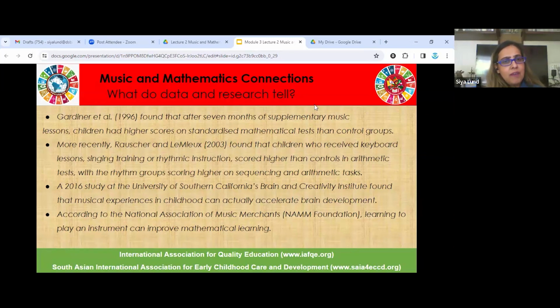What do you think? Here you can see a list of things that research is telling us, and also a lot more that came up. We obviously couldn't fit in everything, but whatever best I could put into one slide is all here.